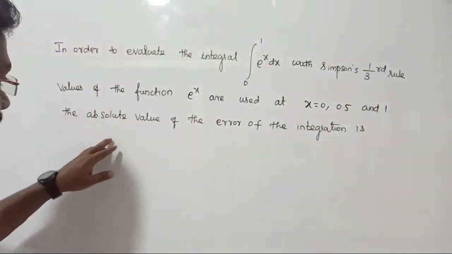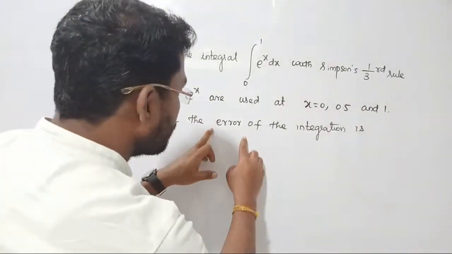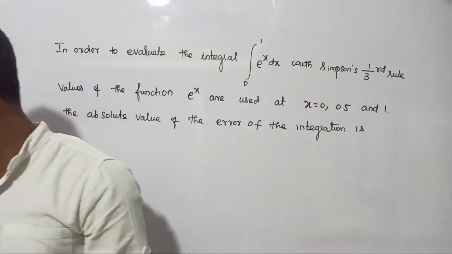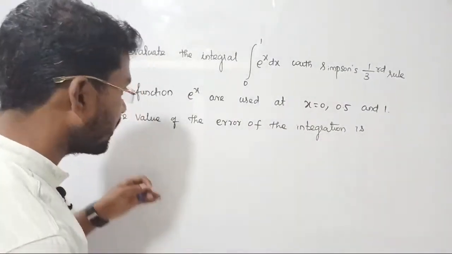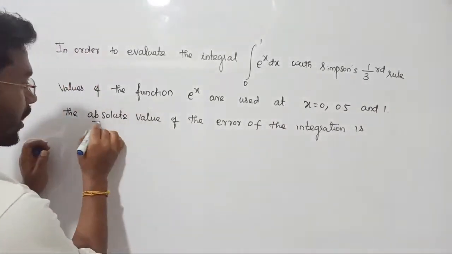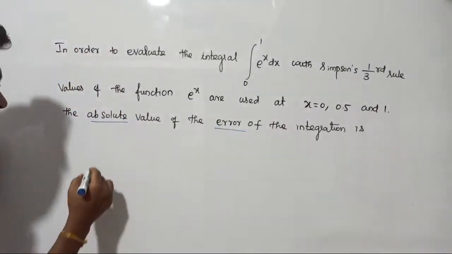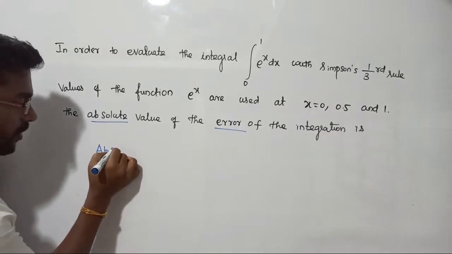Let's continue. They have asked for the absolute value of the error. So just to revise your notes, when I gave the introduction for the numerical methods in our yesterday's class, I told you how to find out the absolute error. That is the question, right? Now the formula is what?